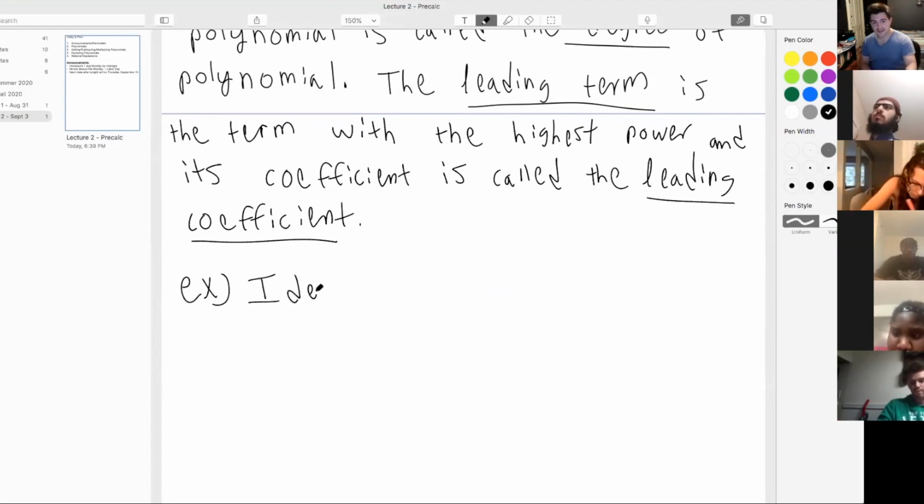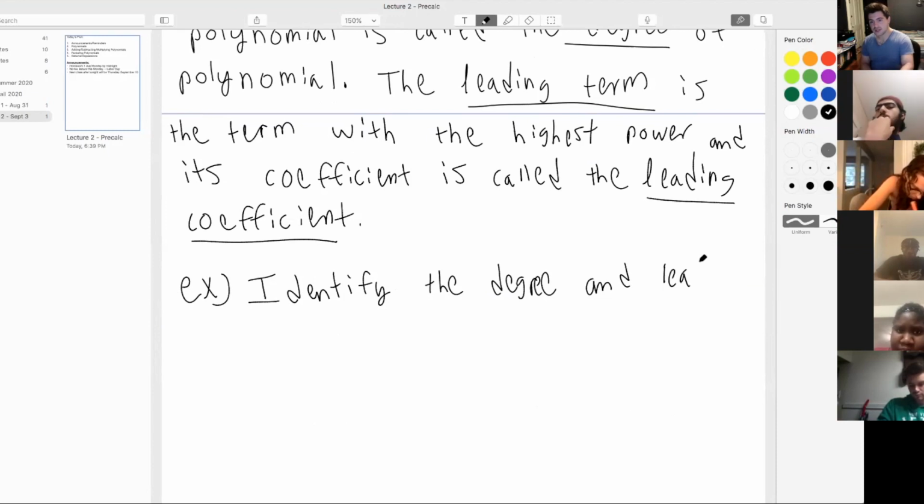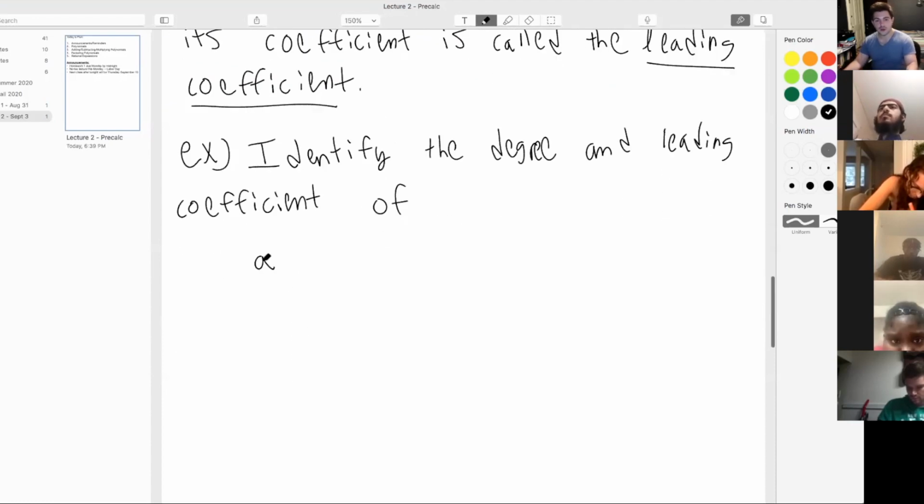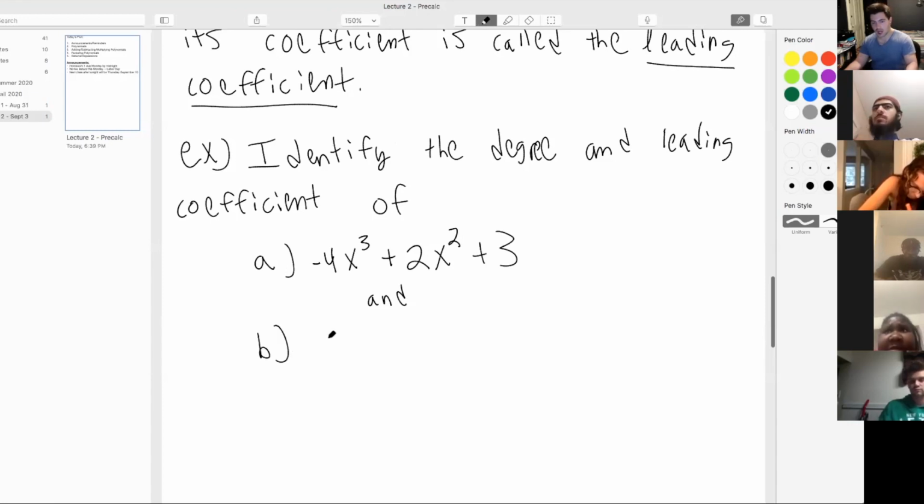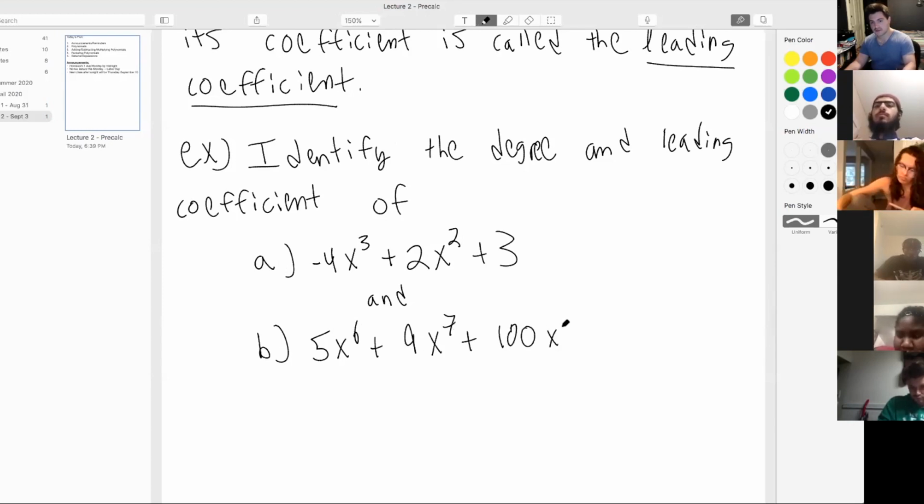So the example is: identify the degree and leading coefficient of minus 4x to the third plus 2x squared plus 3, and 5x to the sixth plus 9x to the seventh plus 100 times x to the second.